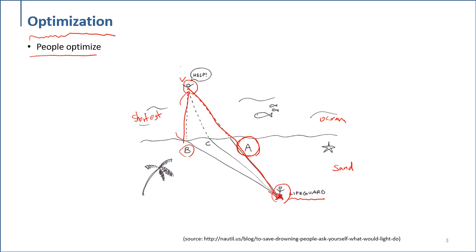Although it's quite long compared to the route of A, it will save some time because I need to swim a smaller distance than on the way of A. So I can save the person as soon as possible. So I think B would be the best way, and I will select the way of B.